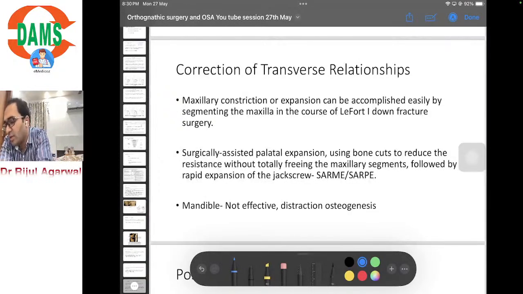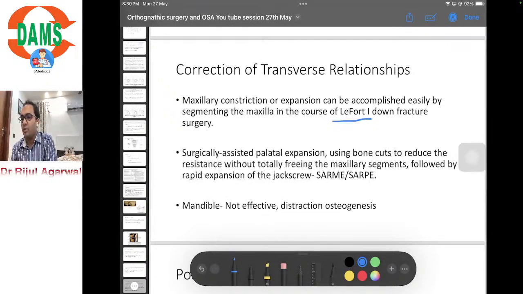So this comes under SARME or SARPE. What is SARME? Surgically assisted rapid maxillary expansion. Surgically assisted, why? Because we have used bone cuts to remove the resistance of the mid-palatal suture, and afterwards a simple maxillary expansion screw is placed to carry out the expansion. But please note, not only do we cut the mid-palatal suture, we need to do a Le Fort 1 down fracture as well.